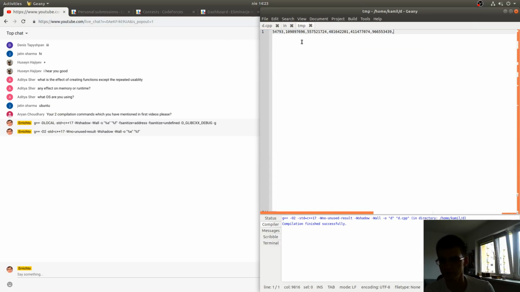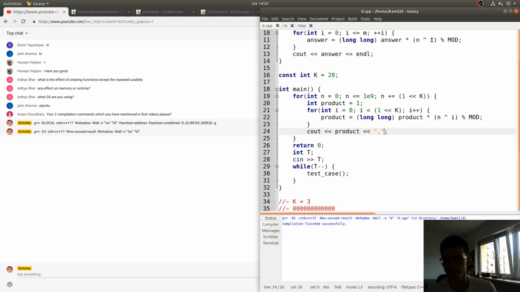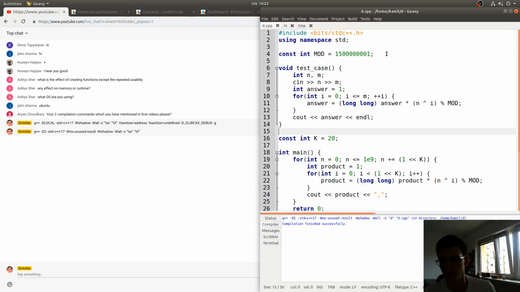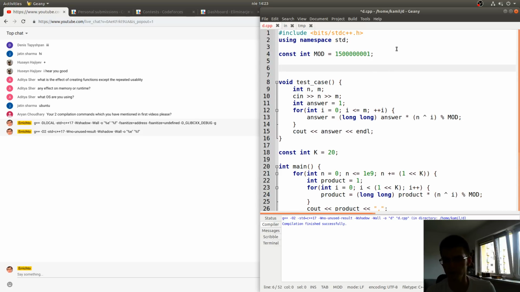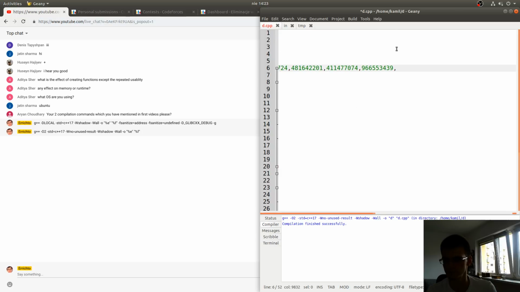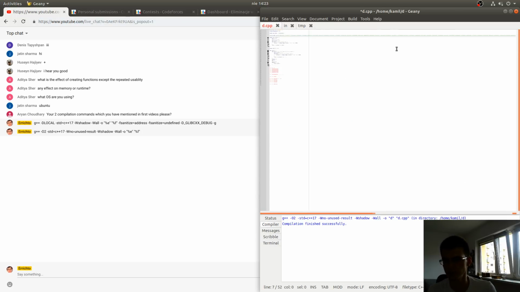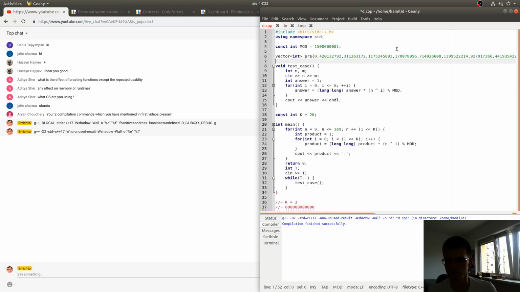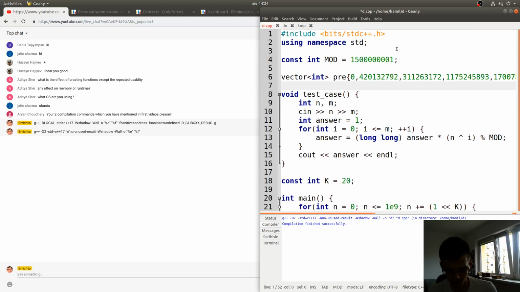So I have a long line with numbers. What I can do is create an array, let's call it preprocessed, or just pre. And what I created is a very, very long line. And it's fine, it will compile correctly.